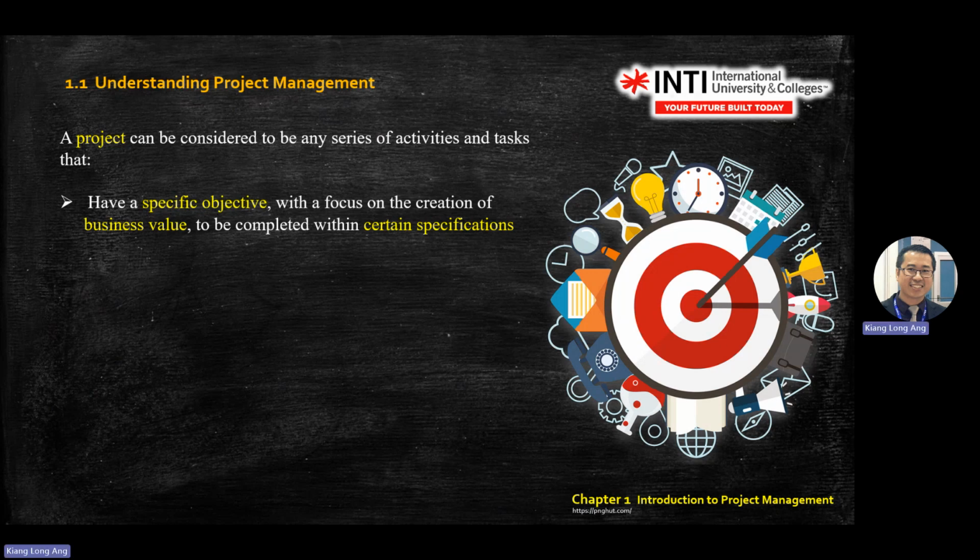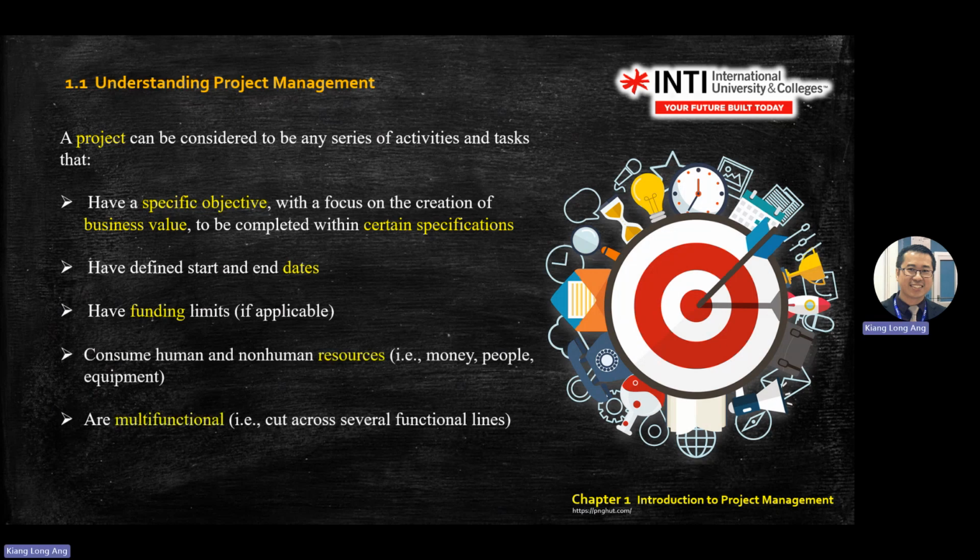When you talk about projects, sometimes the question asks you to define a project. Then you write all this. Okay. So you have these few points. A project must have an objective with the focus of creating value. Okay, in this module you have to think like a business owner already.